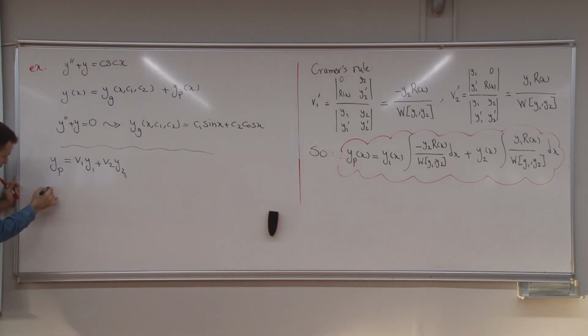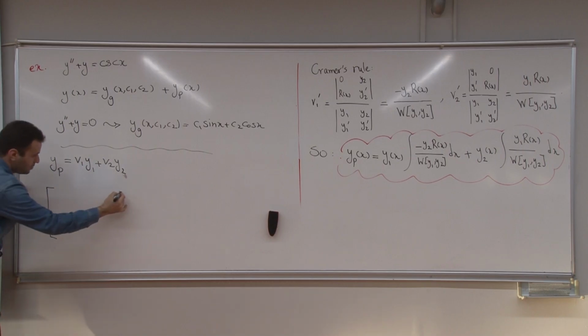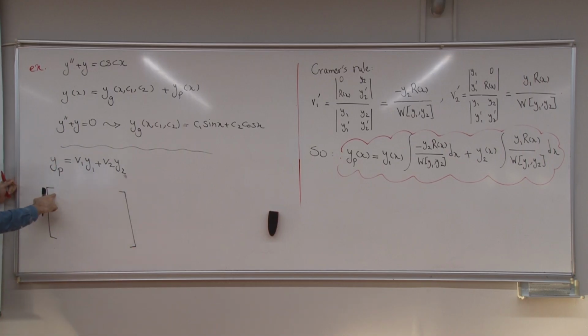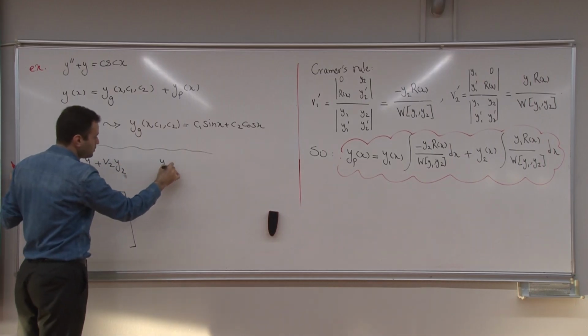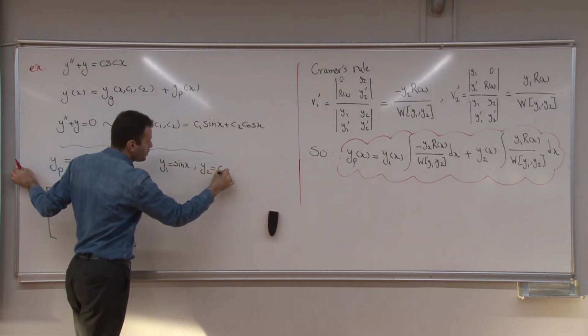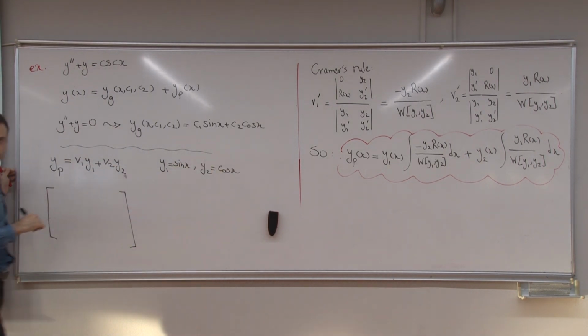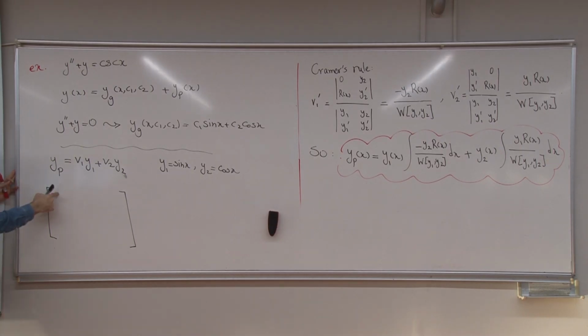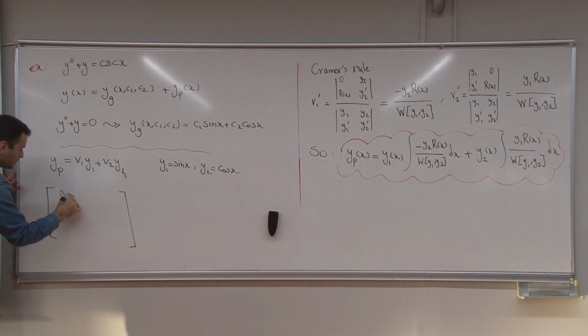What is our set of equations? Or if I write it in this matrix form, y1. What is my y1? It's sine of x. What is the derivative of sine of x?